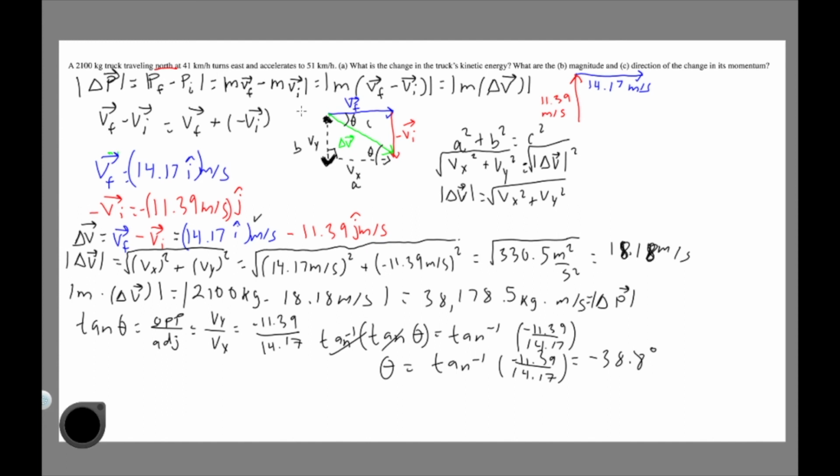Delta V would be pointing in the fourth quadrant. And the angles that are in the fourth quadrant are going to be between negative 90 degrees and 0 degrees. So because negative 38.8 is in between negative 90 degrees and 0 degrees, this angle makes sense.